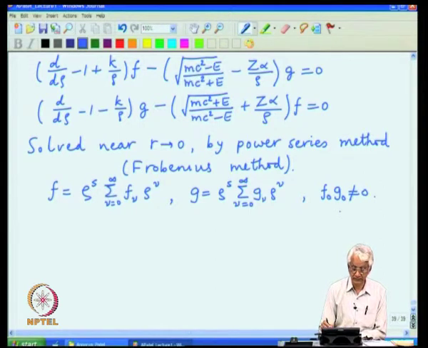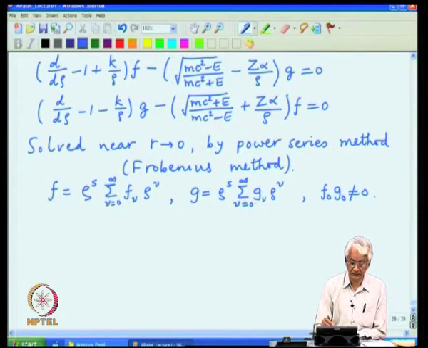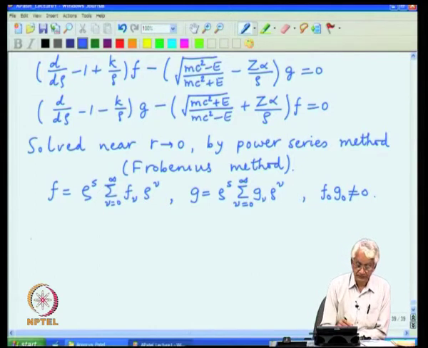And now, one can substitute these equations and equate the coefficient of various powers of rho to 0 term by term, and it can be written with a little bit of redefinitions of certain variables to save some writing.